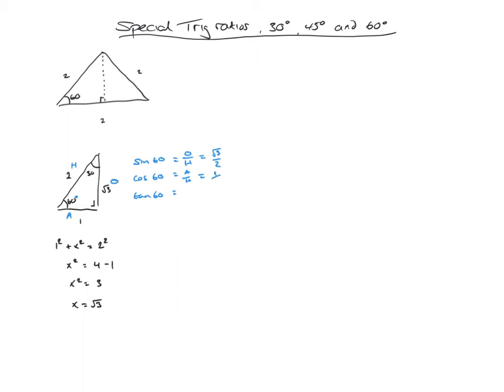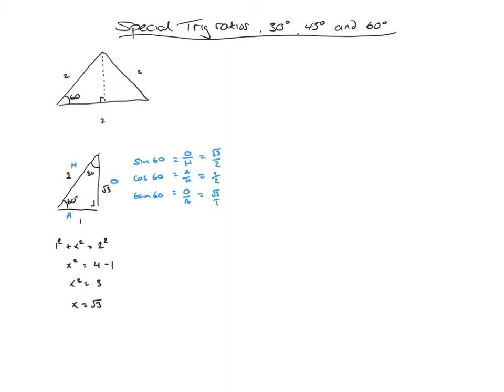So write that down. And then we have tan of 60, which is the opposite over the adjacent, which is equal to the opposite, which is root 3 over the adjacent, which is just 1. So it's root 3 over 1, which is the same as root 3. Okay, so I'll just put root 3 over 1 so you can see. Now what I'm going to do for the next one is I'm going to use the same triangle.